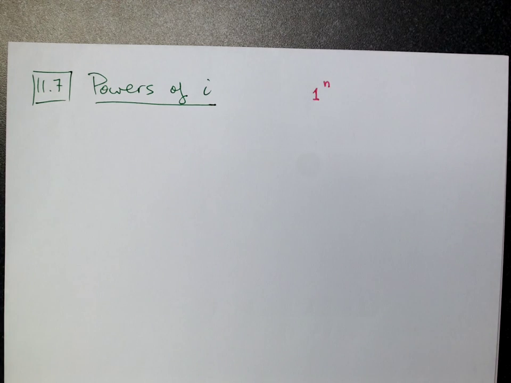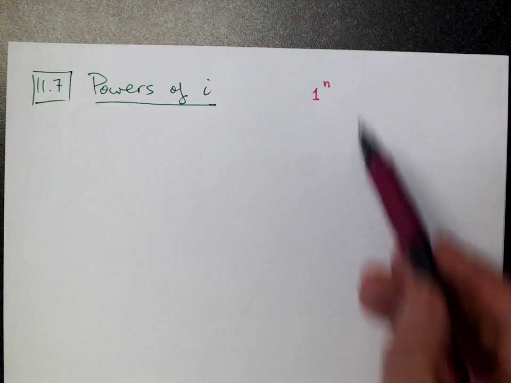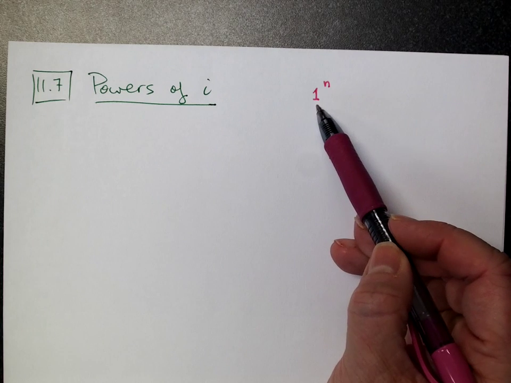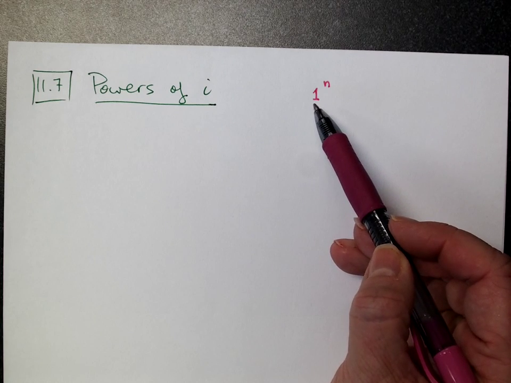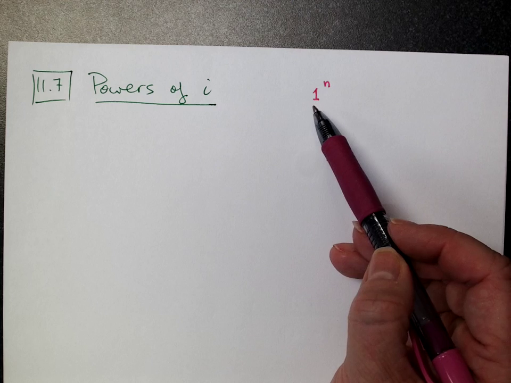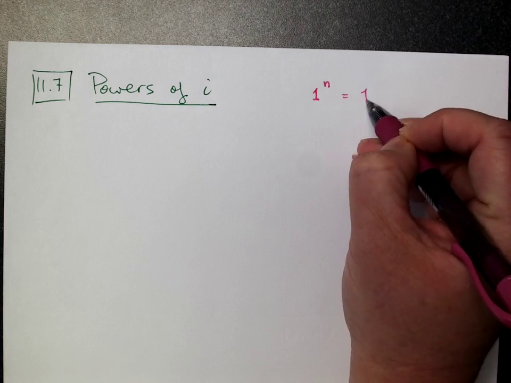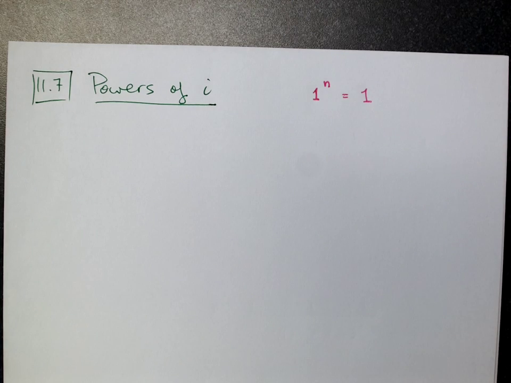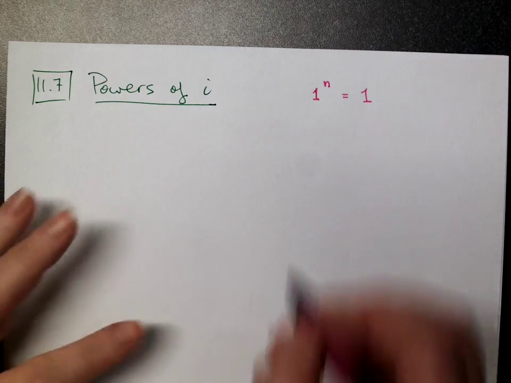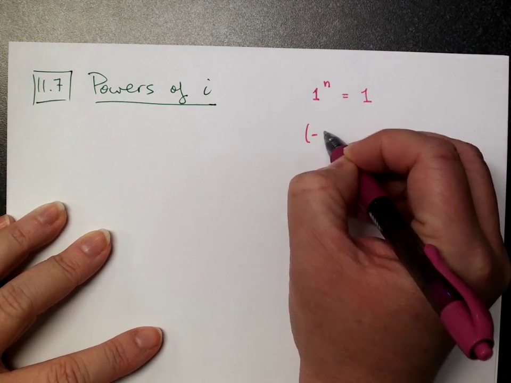What is the answer going to be? 1. Yeah, it doesn't matter. Remember, a power just tells you how many times the base is multiplied times itself. It doesn't matter how many times you multiply 1 times itself, you get 1. Now, what if your base is -1?